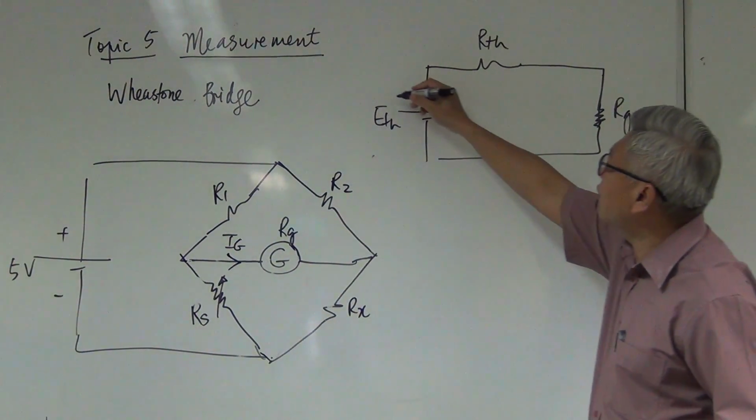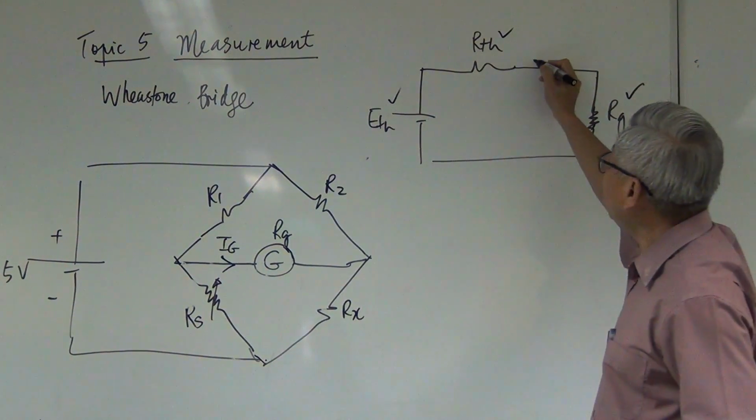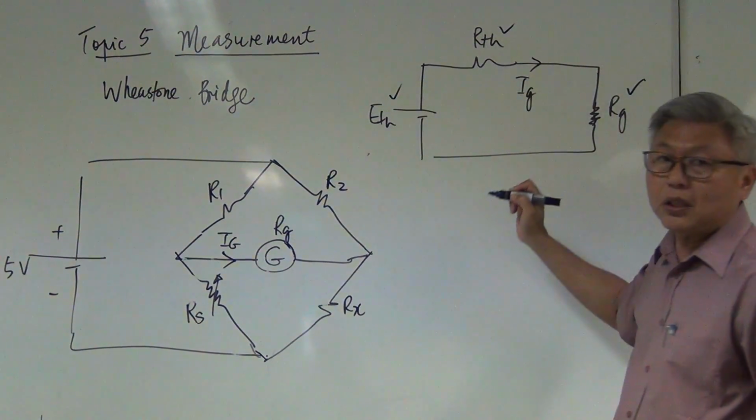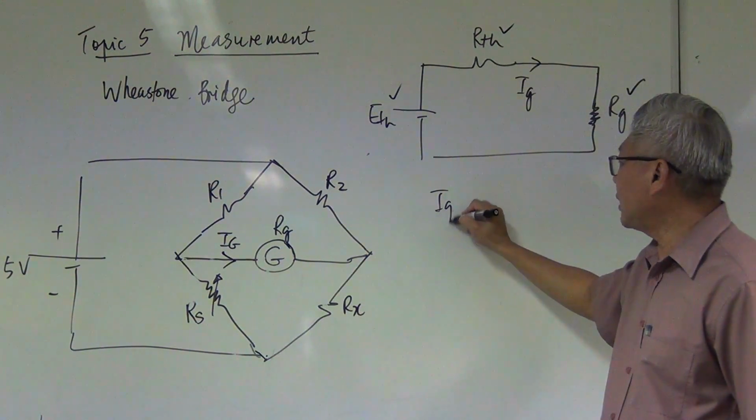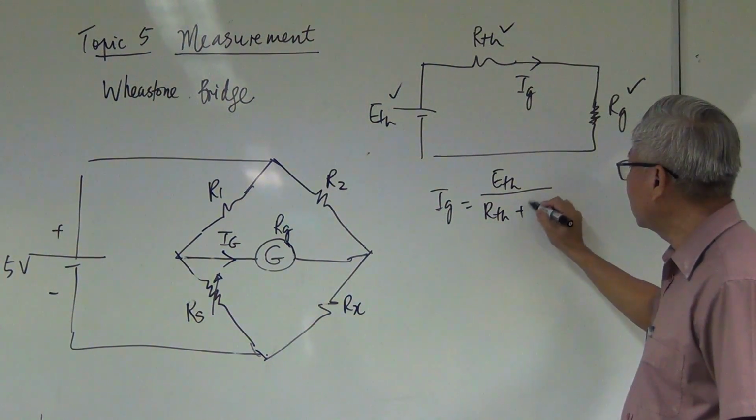Now if I know this value and this value, am I able to find this current Ig? Of course. Ig is therefore equal to ETH divided by the total resistance.